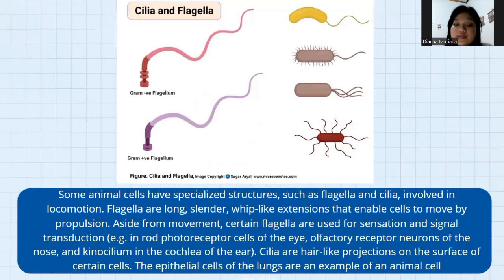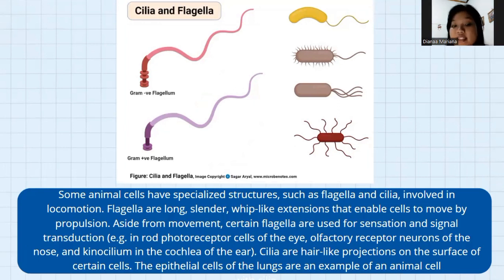Cilia and flagella. Some animal cells have special structures, such as flagella and cilia. Involved in locomotion, flagella are long, slender, whip-like extensions that enable cells to move by propulsion.